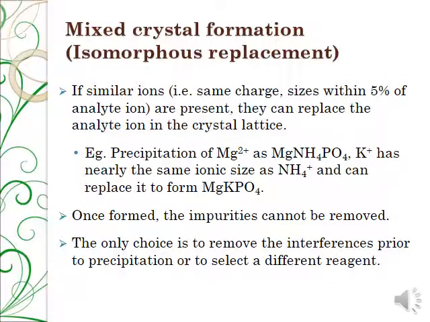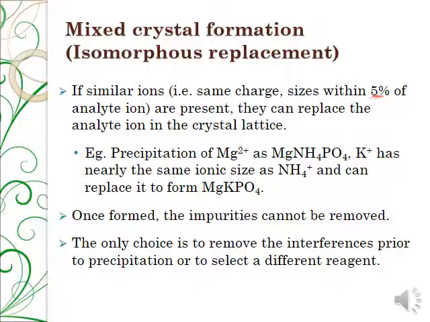The last type of impurities is mixed crystal formation or isomorphous replacement. The condition for mixed crystal formation is more or less like inclusion. If a similar ion with the same charge and size within 5% of the analyte ion is present, it can replace the analyte ion in the crystal lattice.